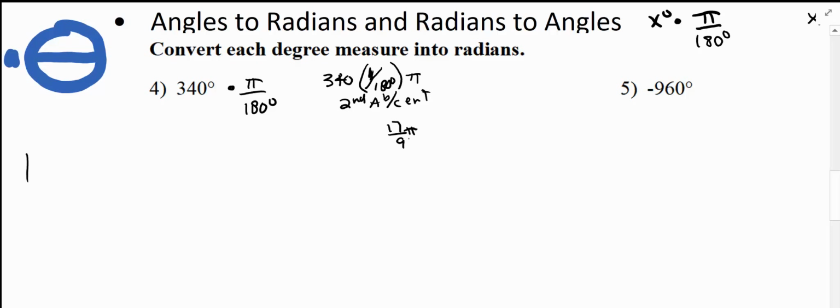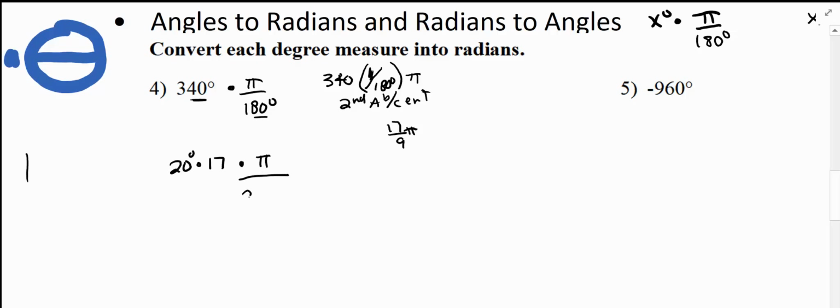Another way to do it, if you weren't allowed to use your calculator, is break 340 and 180 down. So I'm looking at 40 and 80. I know they at least have 20 in common. Well, 2 times 17 is 34. So 20 degrees times 17, and then times pi over 180.